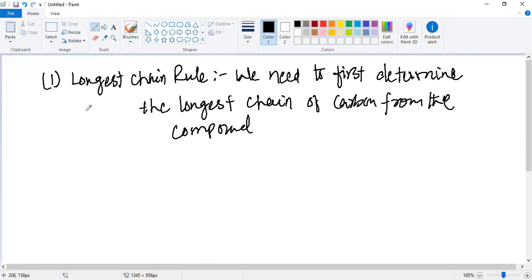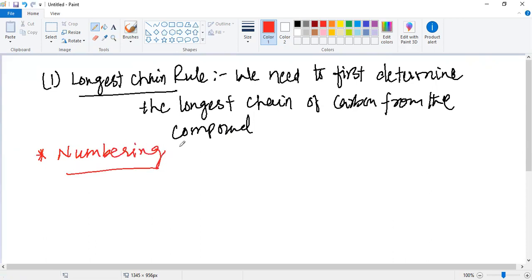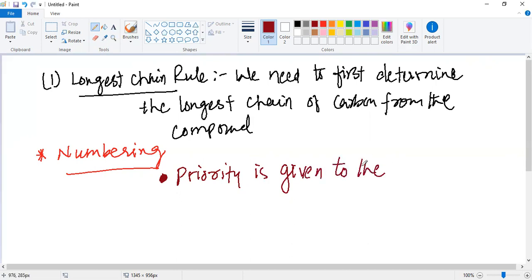Then, my dear students, we need to give numbering. So the next thing that comes is the numbering. In the numbering, we have the very important rule that the priority is given to the most prior functional group.